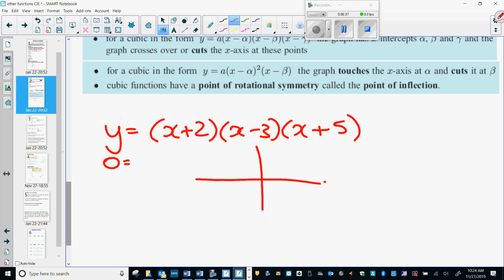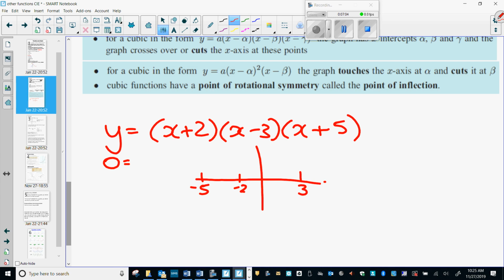Yes. So -2 would make this bracket 0, therefore the whole thing would become 0. +3 would make this bracket 0, which makes the whole thing become 0. And -5 would make this bracket 0, and therefore the whole thing 0. So our values would be -2, +3, and -5. Should we write that? Why not?